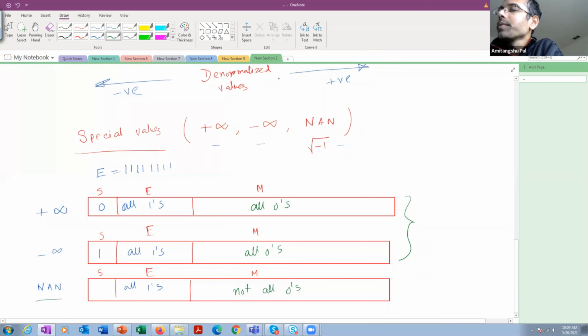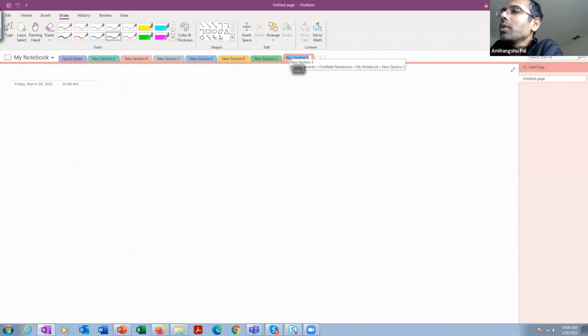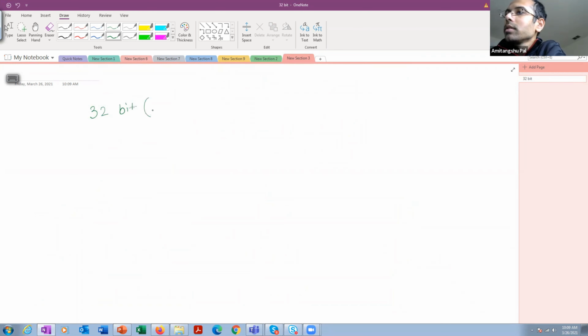So with this, we have learned how to represent denormalized values, normalized values, as well as special values in case of 32-bit or single precision floating point representation.